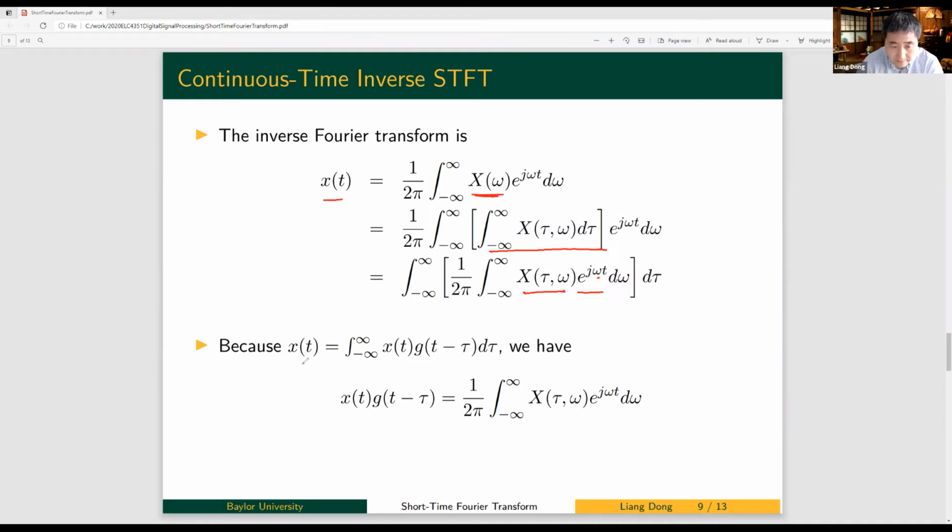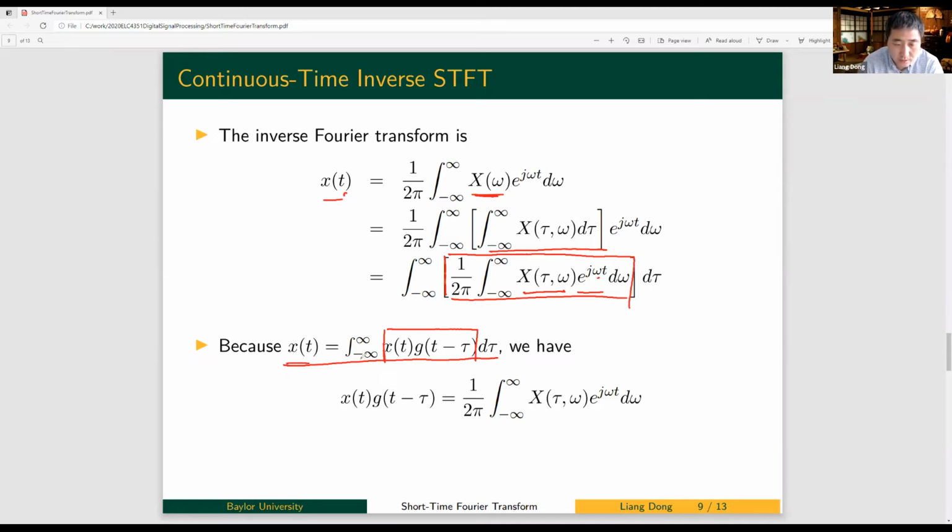Now remember, we have this line from two slides ago. If you compare this with the equation here, this part should be equal to this bracket. x(t) equals the integration of this red box thing, d tau.